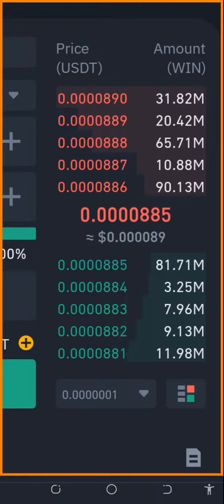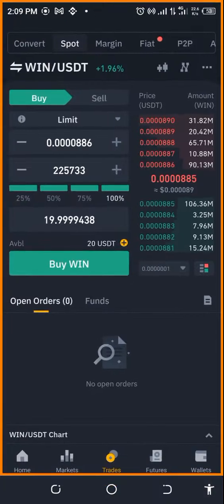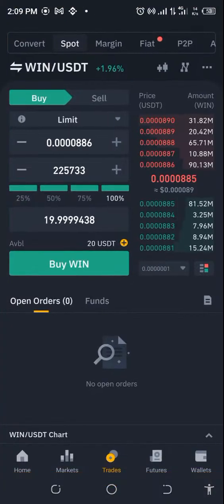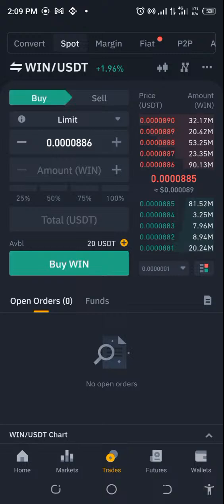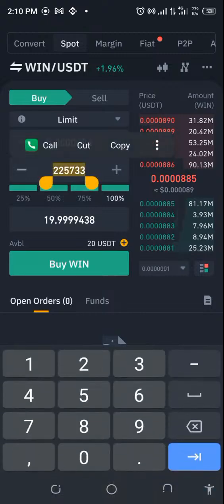So if we look at it, yeah, it's possible, but don't forget, you can see right now the price is going down. The price is going down. So if I really want to get this sold quickly, like now, I need to pick up the first red one. And when I pick that up, I'm going to pick up the whole entire thing, and then I'll be able to get that bought quickly.